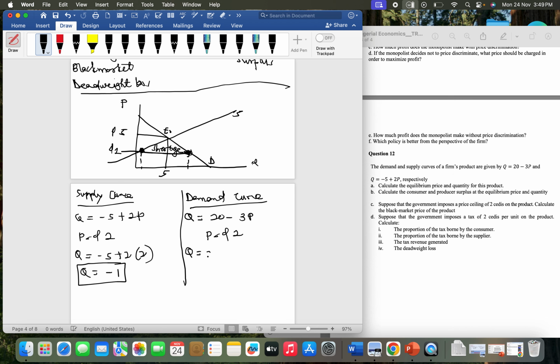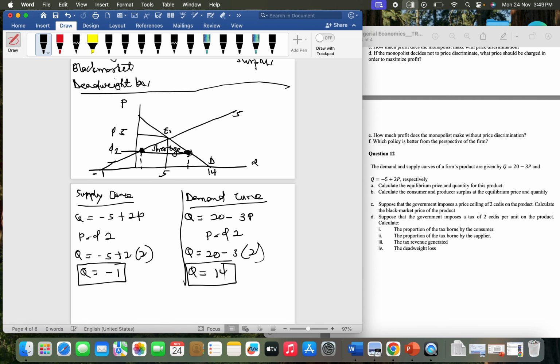So Q equals 20 minus 3 times 2, which is 20 minus 6, giving us 14. So we have the quantity demanded to be 14, and the quantity supplied here to be minus 1. So for supply, we had minus 1, and for demand, we had 14. This is our demand curve.